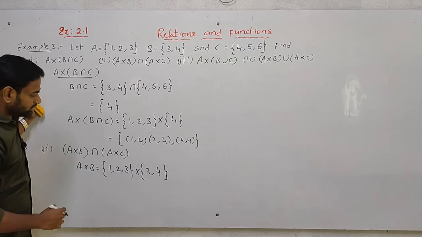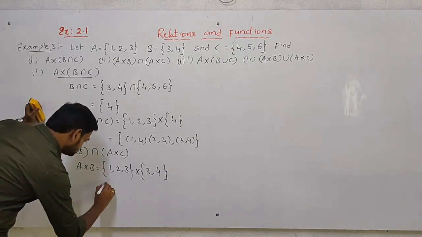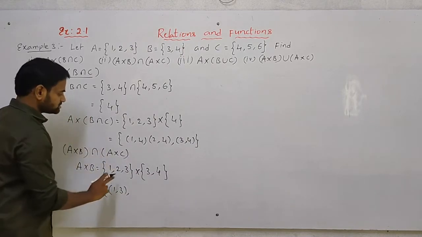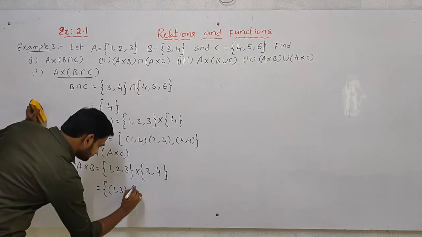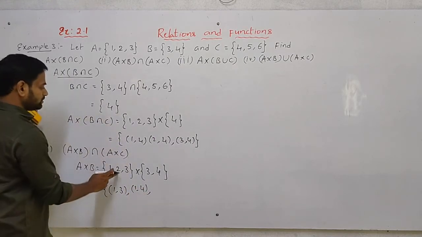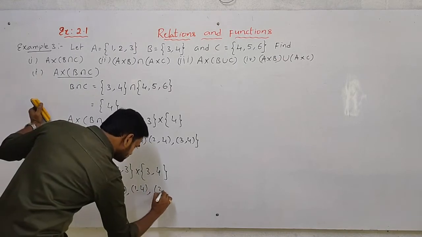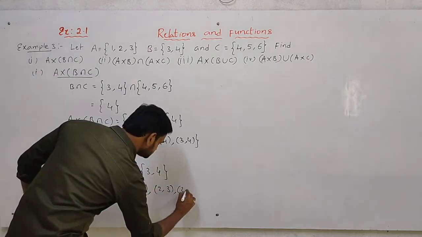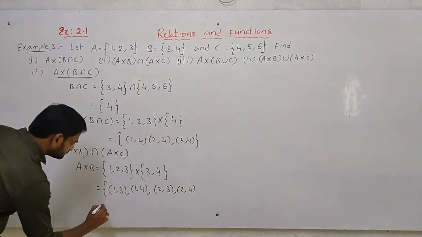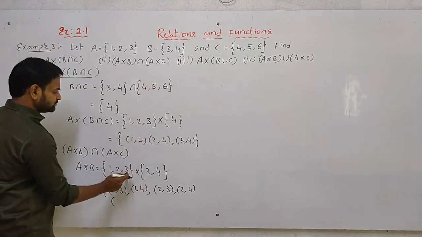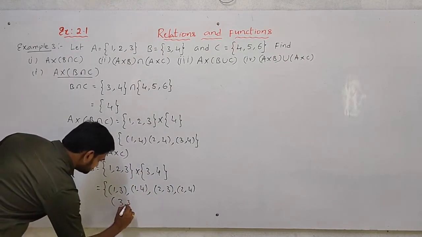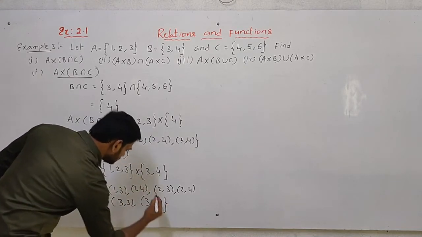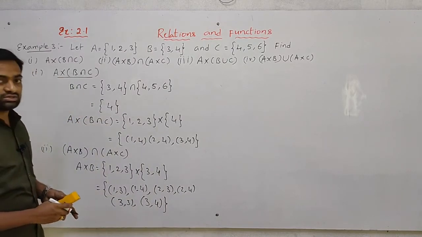Now I am writing the ordered pairs: (1, 3), next with 1, (1, 4). Next, (2, 3), next, (2, 4). With 2 complete. Next, with 3: (3, 3), (3, 4). Close this. This is A cross B.